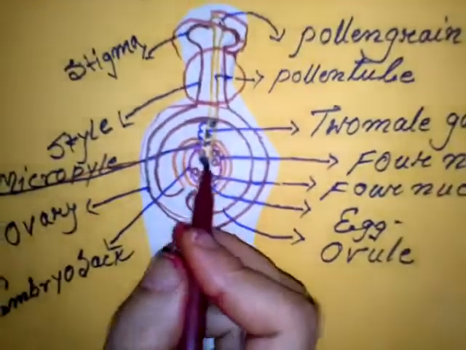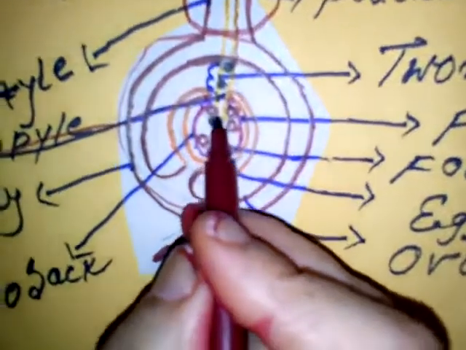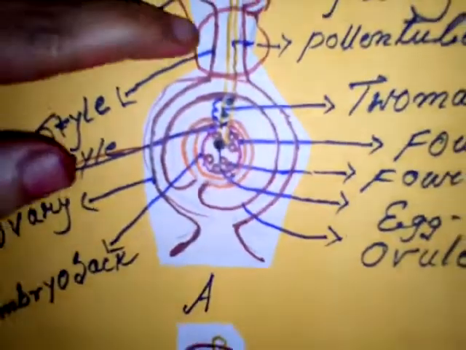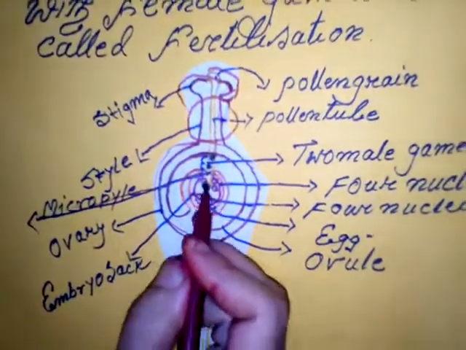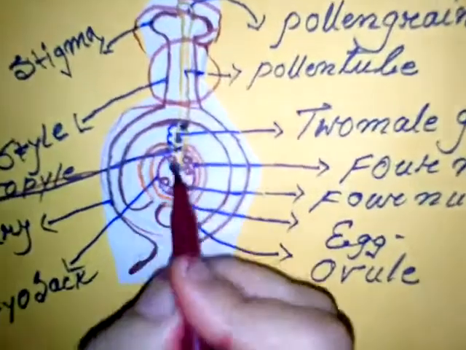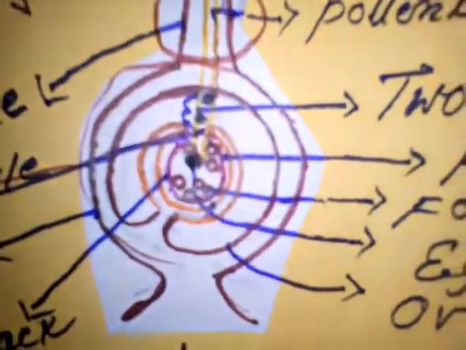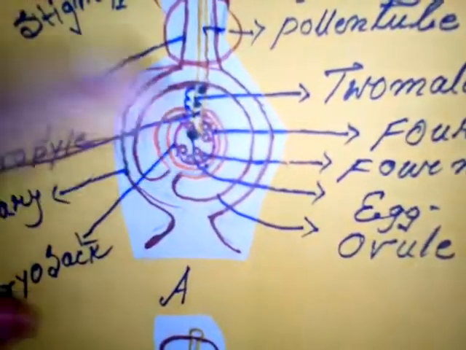Now, one of the nuclei of the upper one, this is the black spot, is known as the egg. Now, when the pollen tube enters inside the embryo sac, its tip bursts and these 2 male gametes are released inside the embryo sac.